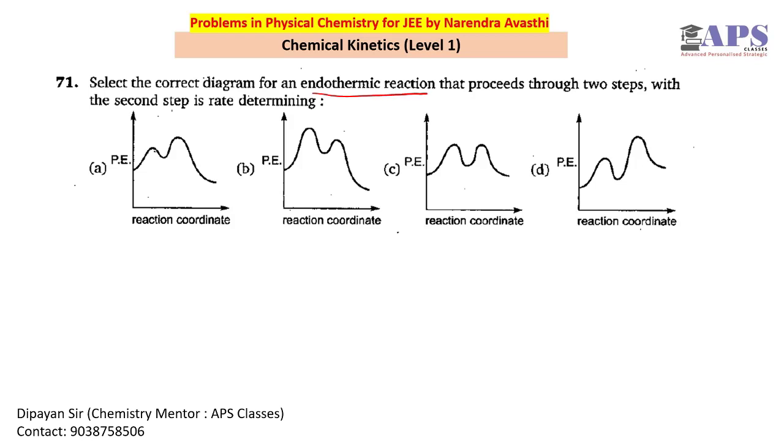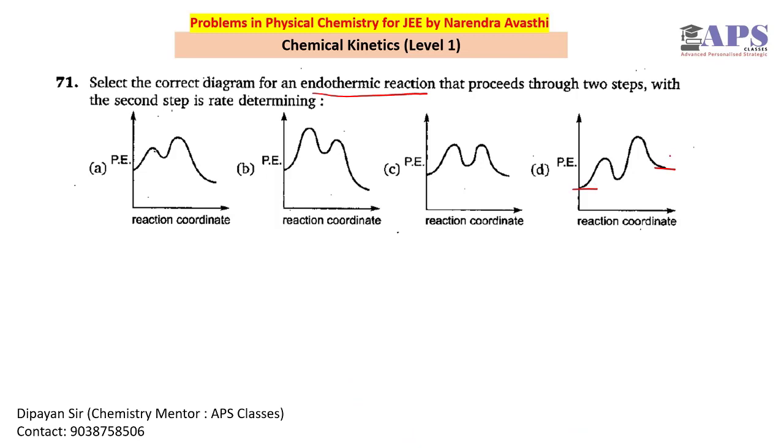Okay, so in an endothermic reaction, the energy of the product will be higher compared to the energy of the reactant. This is the only option where we can see that the energy of the product is higher compared to the energy of the reactant.